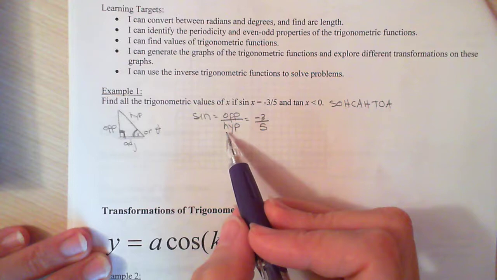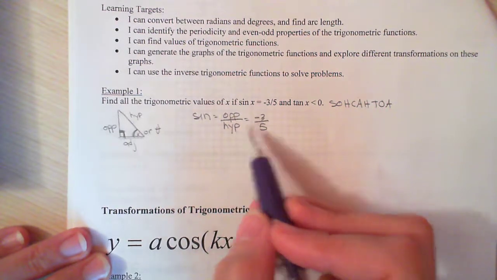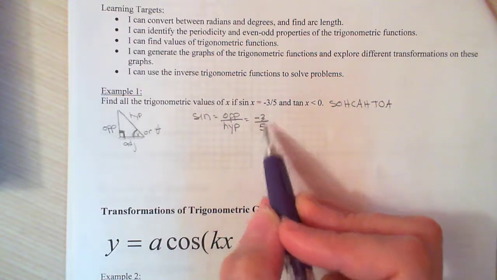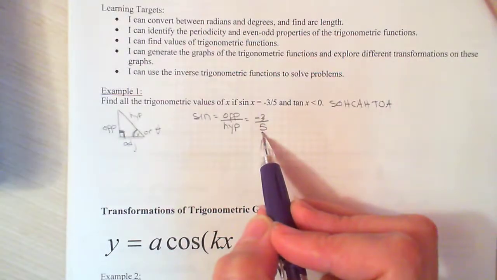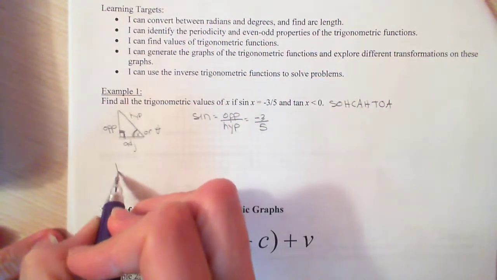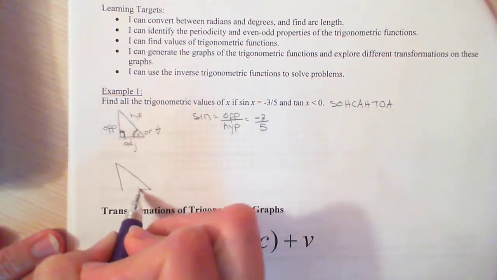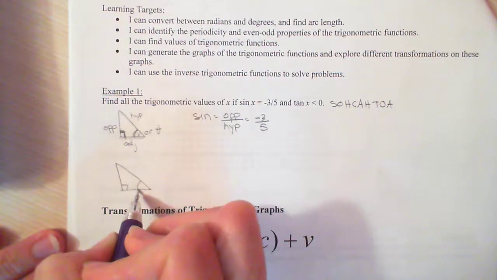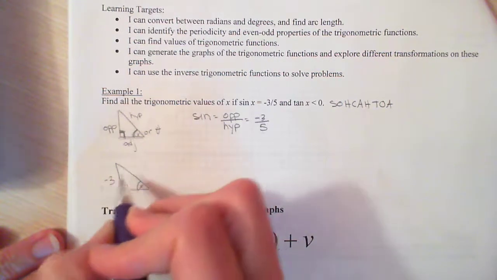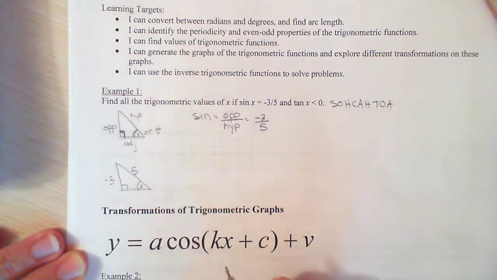All right, so if the sine is opposite over hypotenuse, and they tell me the sine is -3/5, then I know my opposite side is -3 and my hypotenuse is 5. So if I recreated this triangle, and here's my x, I know my opposite side is -3 and my hypotenuse is 5.